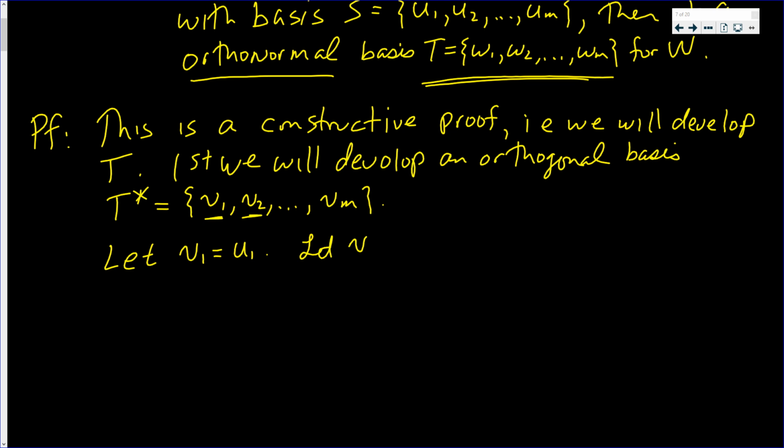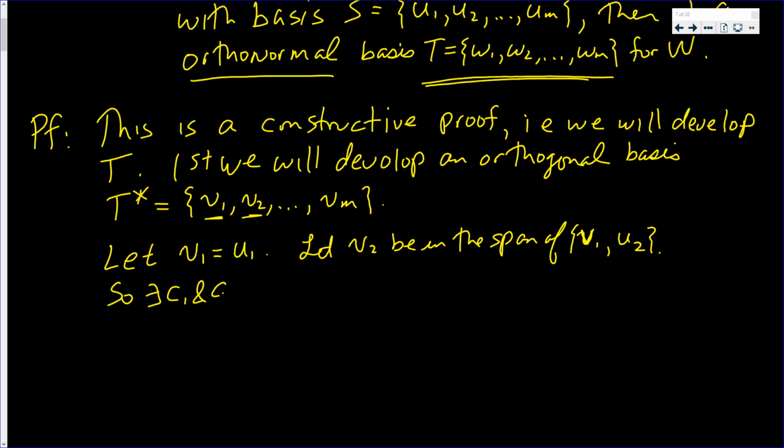Let V2 be in the span of the set that contains V1 and the next U vector, U2. So there exist C1 and C2 in the reals such that V2 is equal to C1 V1 plus C2 U2.